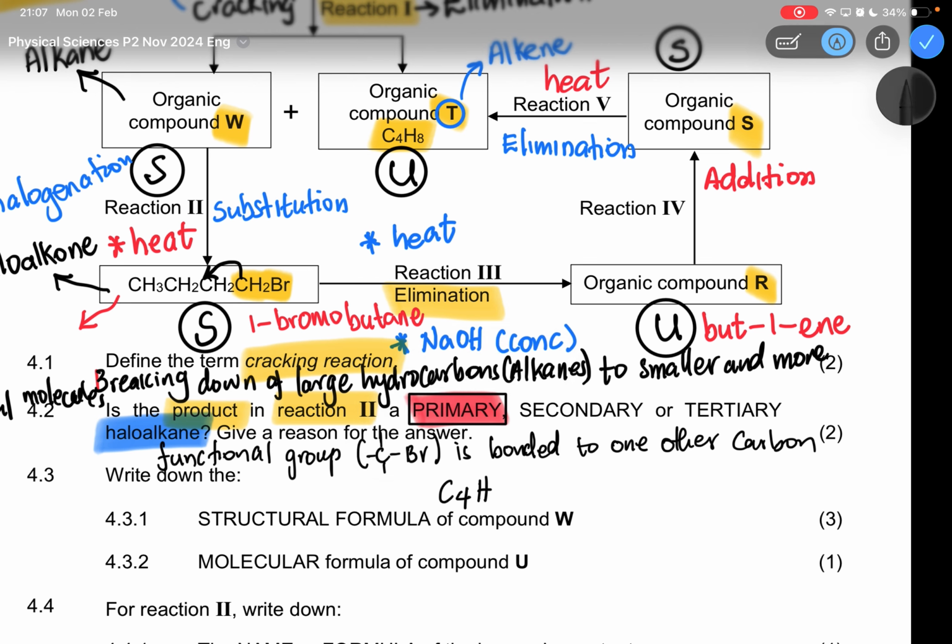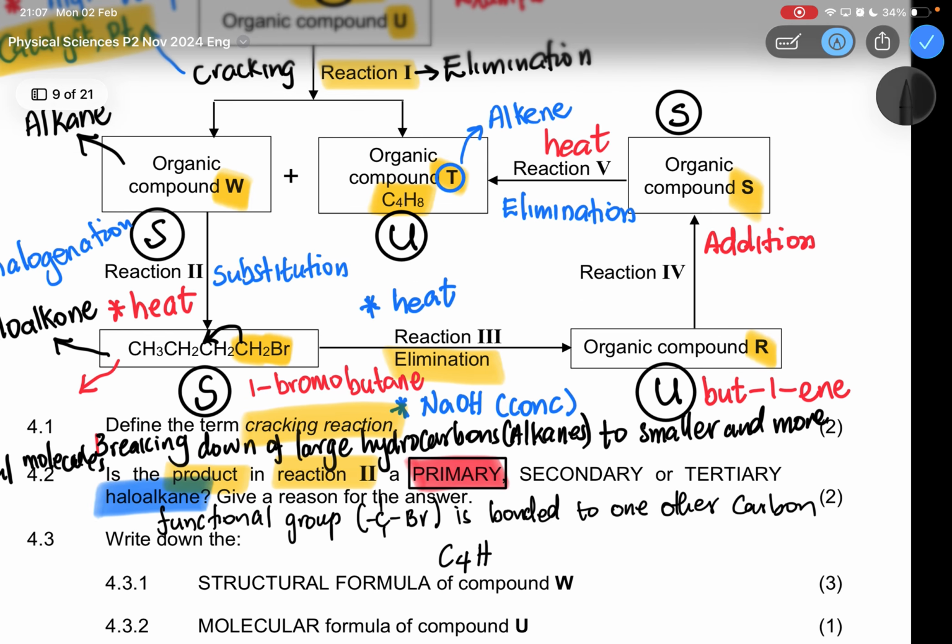Someone give us the molecular formula. Tell us how many carbons are there, how many hydrogens. We are talking about W. What is the molecular formula, before we can draw the structure?